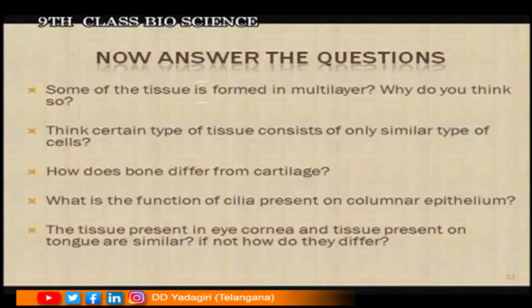Why do you think so? Think: certain types of tissue consist of only similar types of cells. How does bone differ from cartilage? What is the function of cilia present on columnar epithelium? Is the tissue present in the eye cornea and the tissue present on the tongue similar? If not, how do they differ?